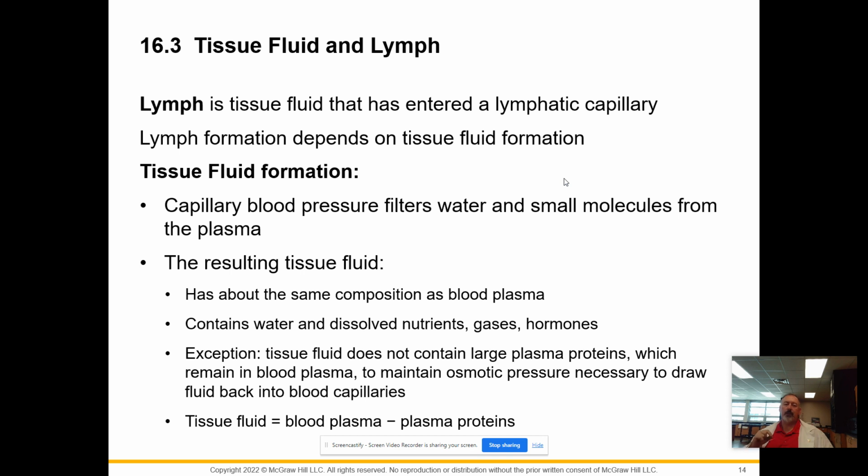Lymph itself is really similar to plasma in its composition, but it doesn't have the plasma proteins that plasma does. The other things, like the amount of water or other gases or hormones, that's in the lymph as well.